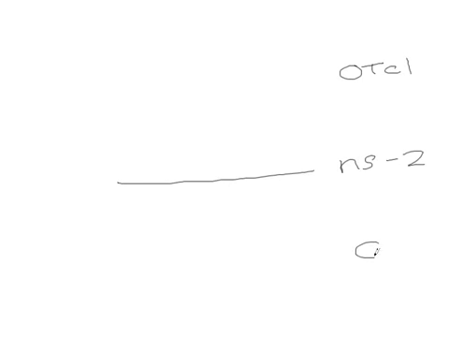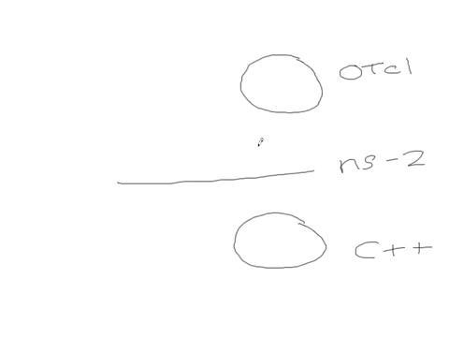Let me now talk about the basic architecture of NS2. NS2 is implemented in OTcl and C++. A class in NS2 can be implemented entirely in C++, or entirely in OTcl.